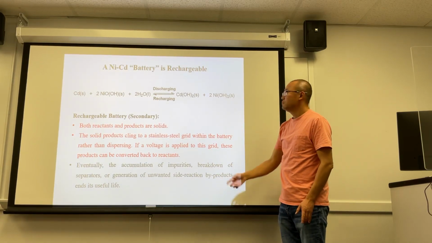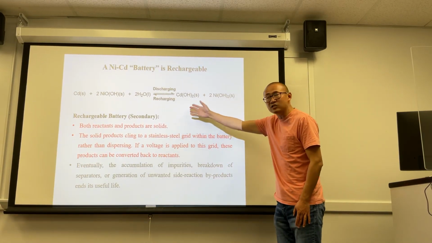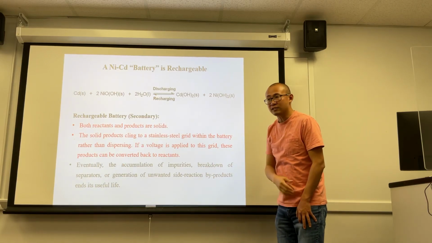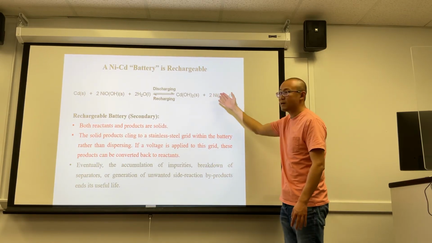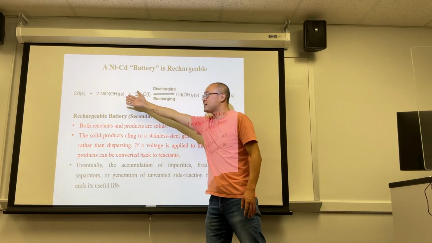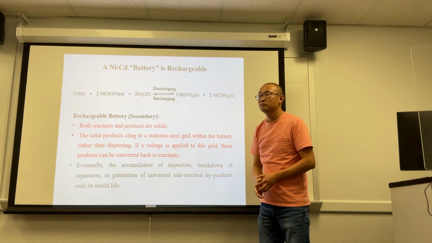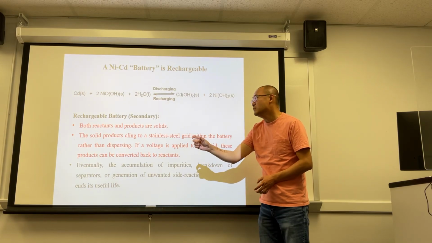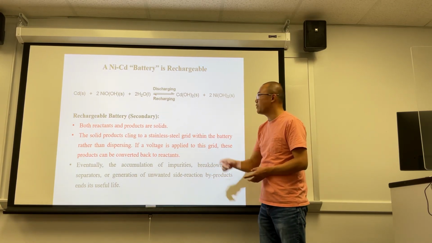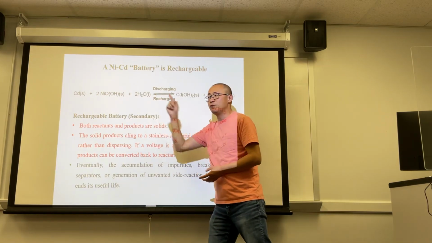But the reaction is in fact reversible. So the products can be turned back to the reactants by reversing the electron transfer, by applying an external charge. And we call that process recharging.